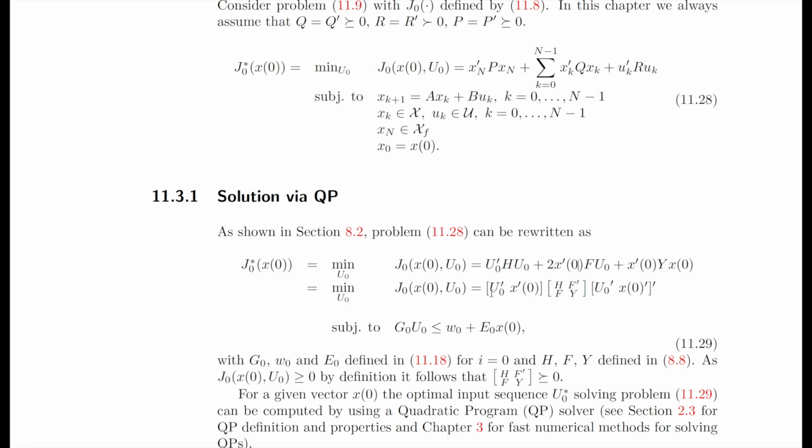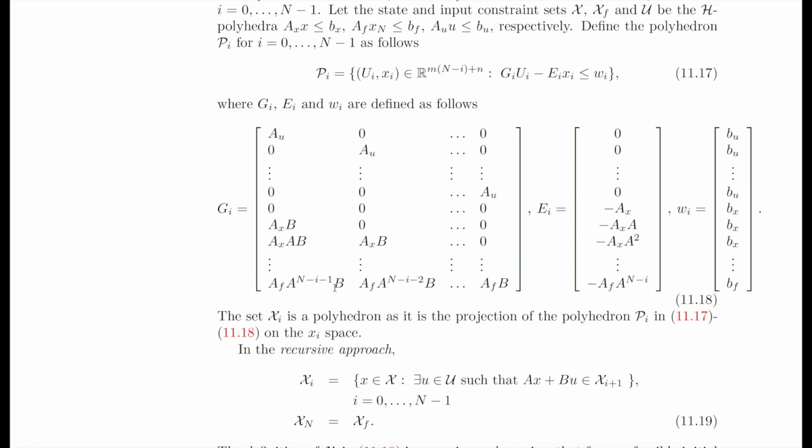We can write everything as a function of the initial state and the initial candidate, with these matrices F, H and Y as we saw before, subject to these constraints that we also saw in this equation. This is what we have seen, okay?